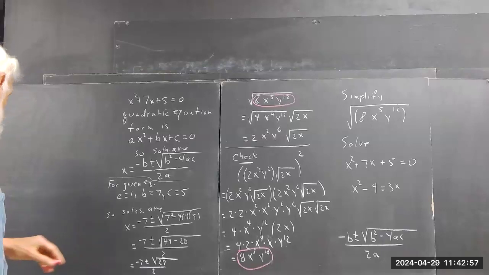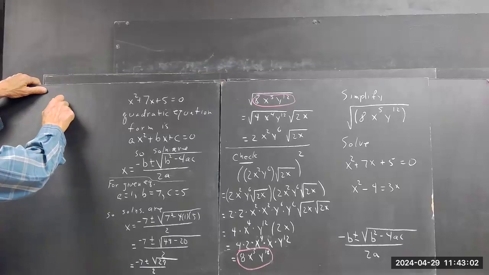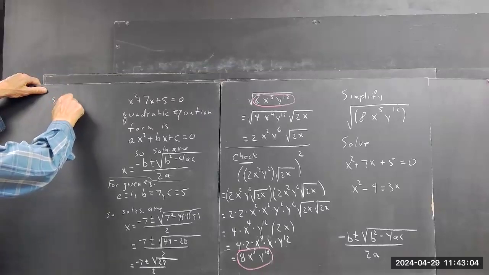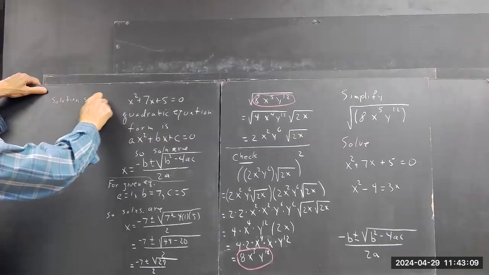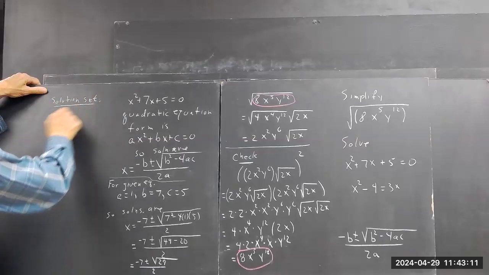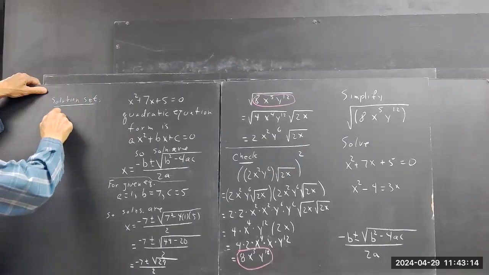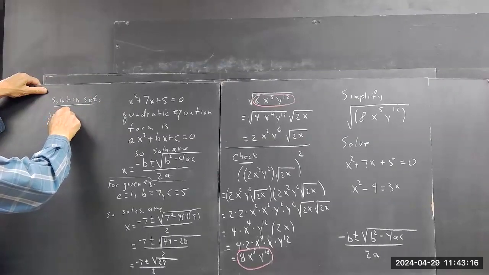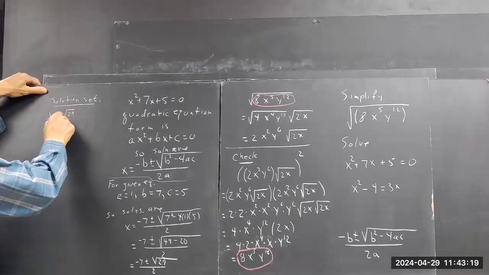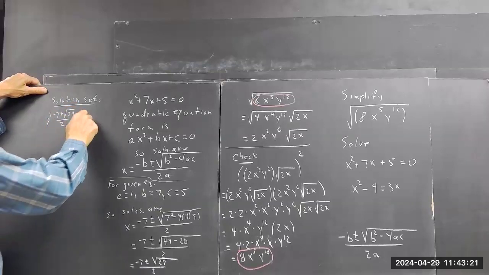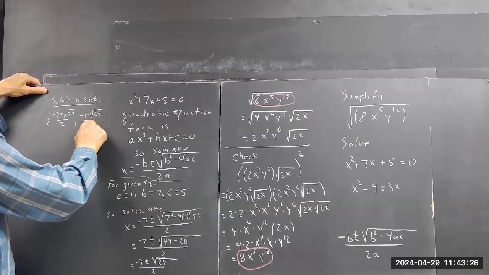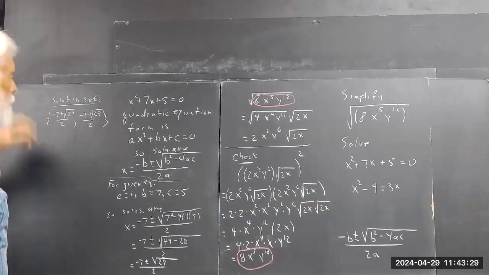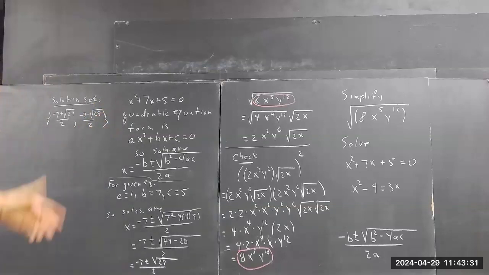So your solution set is negative 7 plus the square root of 29, all divided by 2, and negative 7 minus the square root of 29, all divided by 2. There it is.